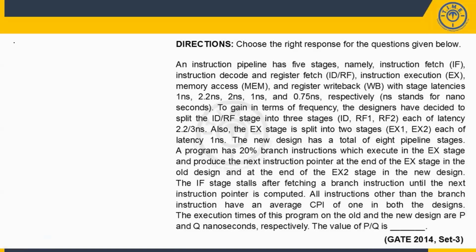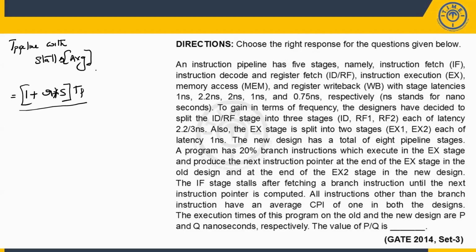The average instruction execution time with stalls is equal to, let me put it this way, 1 plus R into S into TP. This is the formula for average instruction execution time with stall cycles.